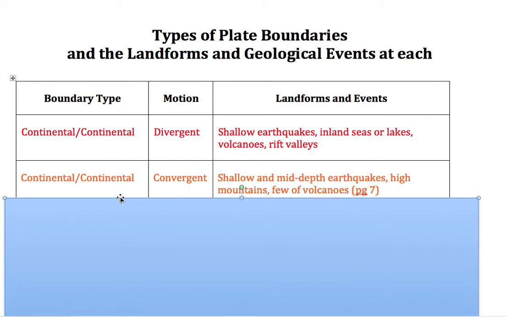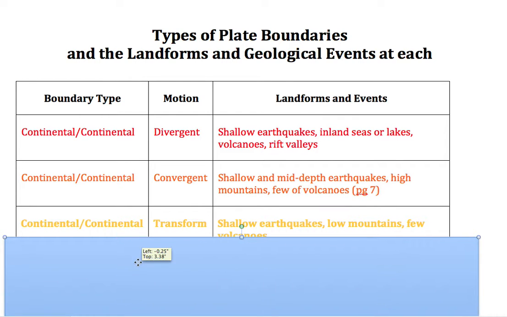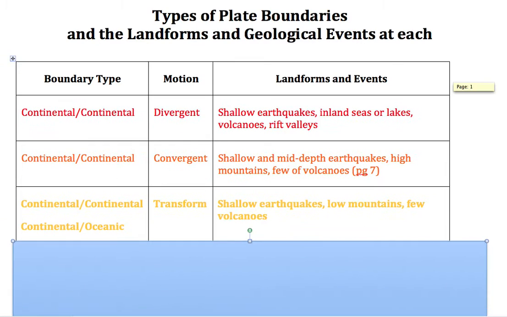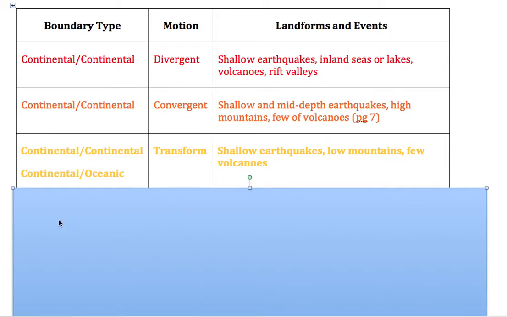Next boundary type. Transform boundaries, apologize for the yellow here, but transform boundaries can either be in a continent, two continental plates, continental or oceanic. It can even be two oceanic plates. But a transform boundary, we're going to see shallow earthquakes. There might be low mountains. There might be a few volcanoes. Transform faults are not that interesting, honestly.